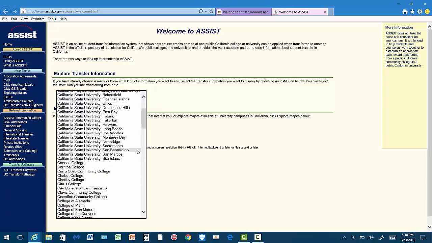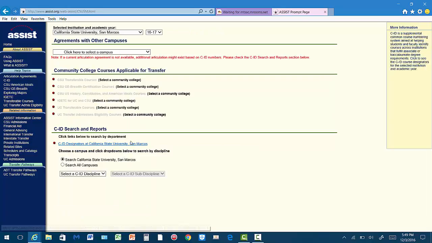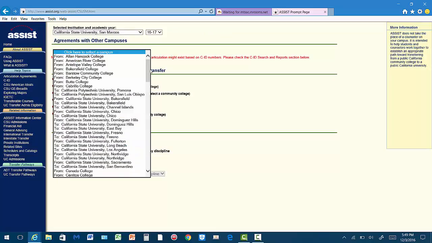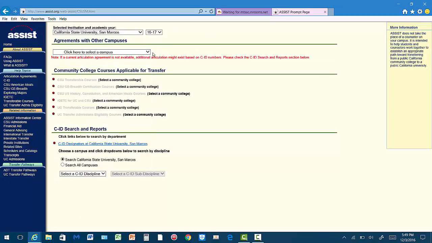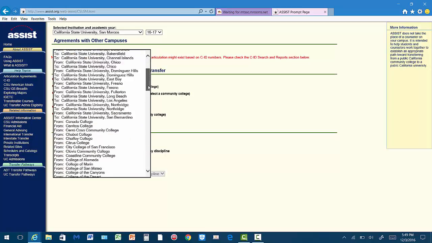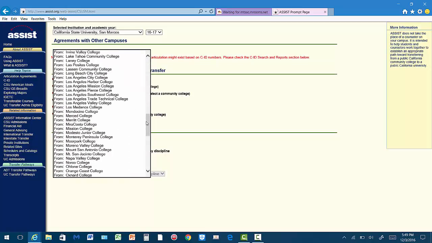Let's say I want to transfer to California State University, San Marcos. Before we go to the major, you have to choose the school that you are transferring from, and of course that's our college, Mount San Antonio College.